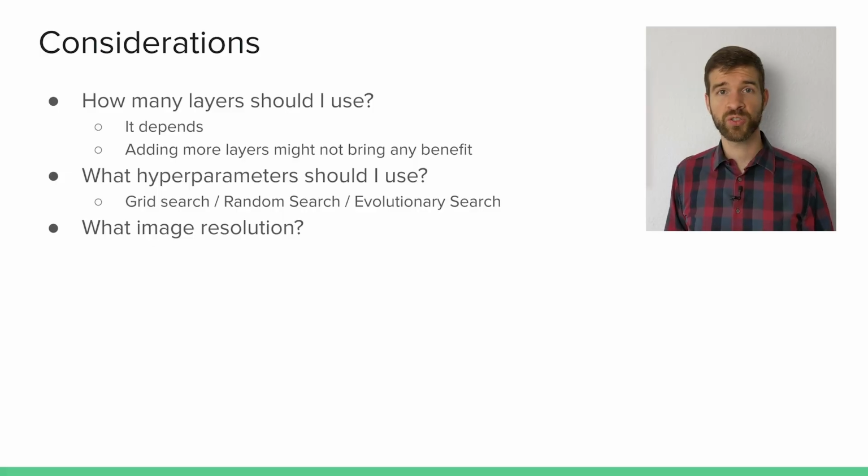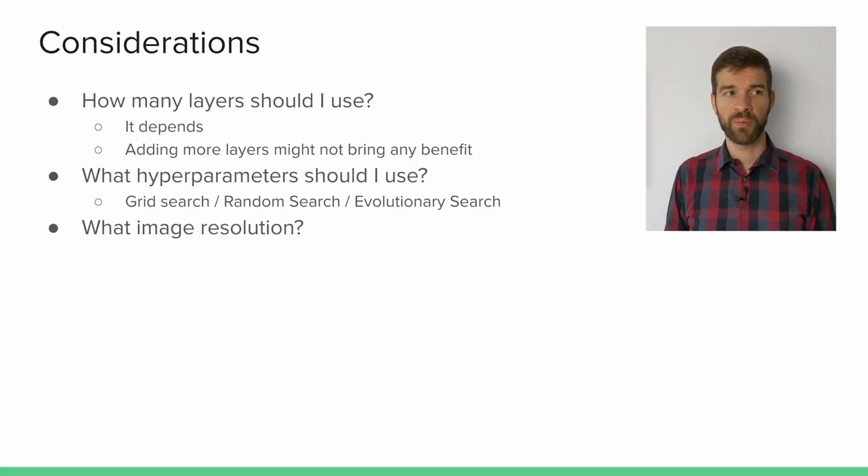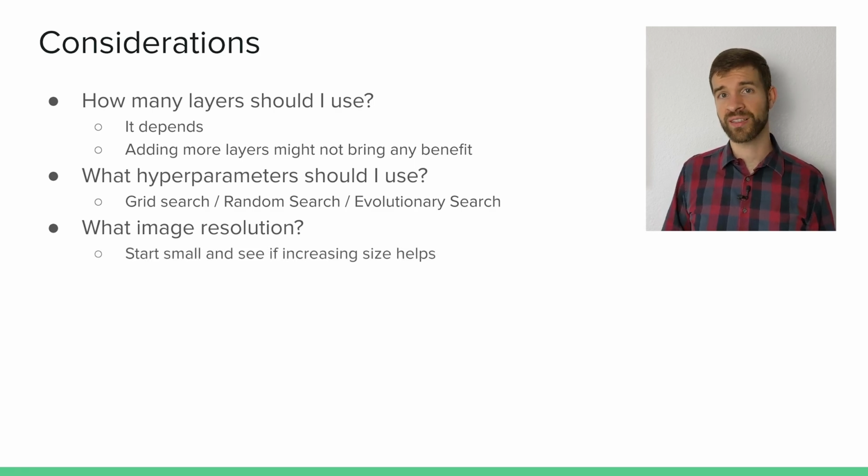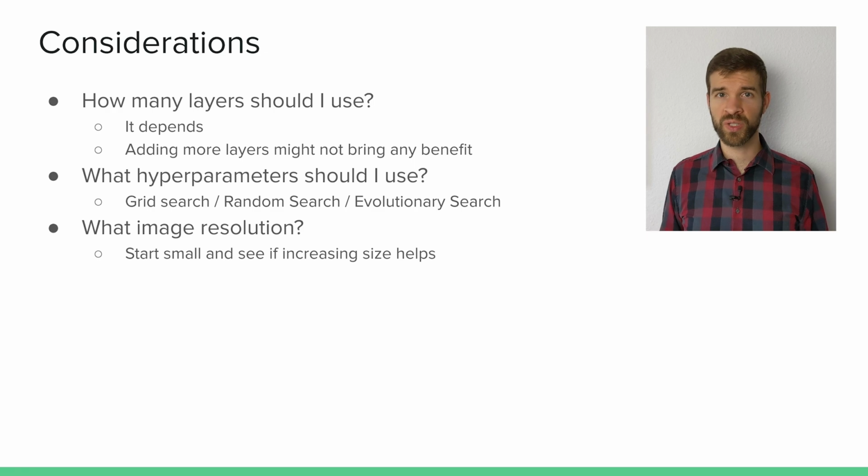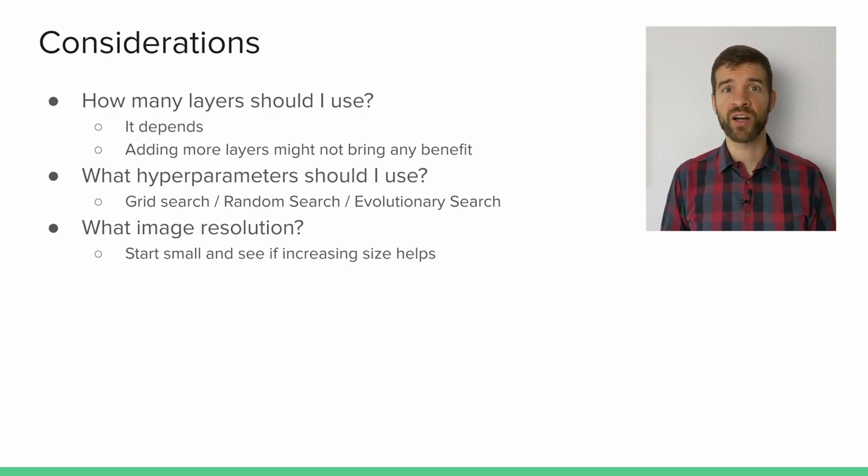What image resolution should you use when you're talking about visual computing? Well, I would recommend to start with something small and see if increasing the size helps. So you should always try to start with a really small version of your input image because it's faster, and you will be able to see if it works or not. And computers are remarkable at extracting meaningful features.